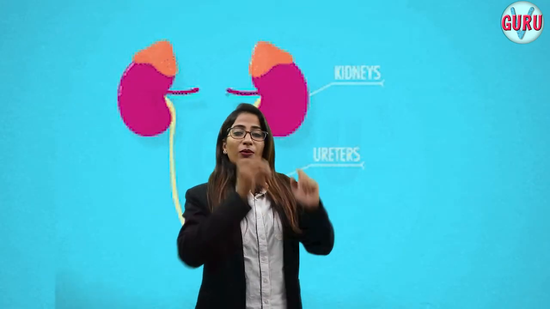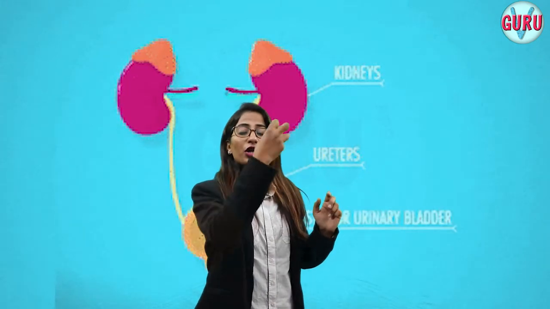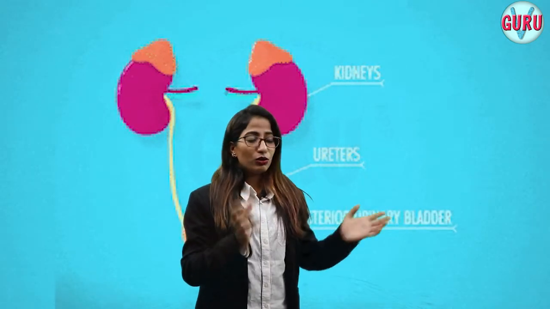The lower sphincter is under the control of the brain. So, whenever you feel the urge to urinate, with the help of your brain signals, you can relax the lower sphincter muscles and you can do the micturition. So, this is the whole process.